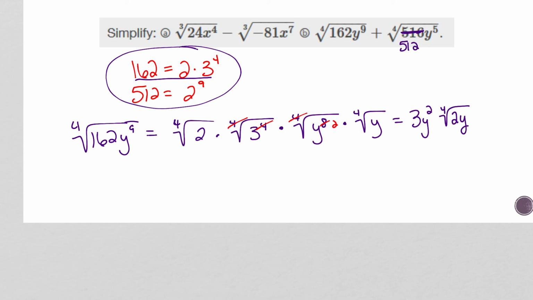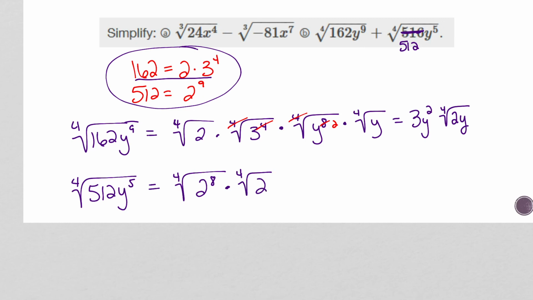So now let's look at the fourth root of 512y to the fifth. All right, so this can be written as the fourth root of 2 to the eighth times the fourth root of just 2, because I needed one more, times the fourth root of y to the fourth times the fourth root of just y, because I needed one more of those as well.